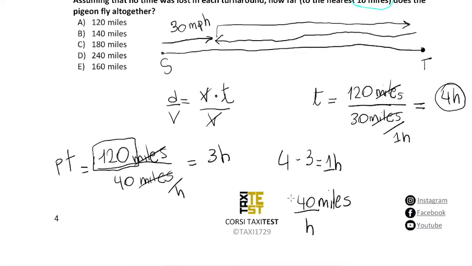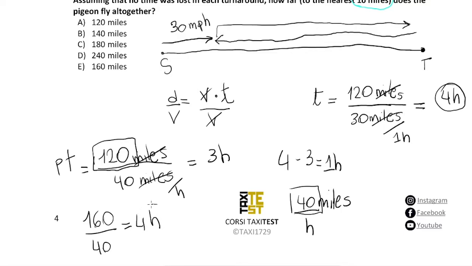So if we add 40 miles to the 120 miles, we get 160 divided by 40, which is equal to 4 hours.